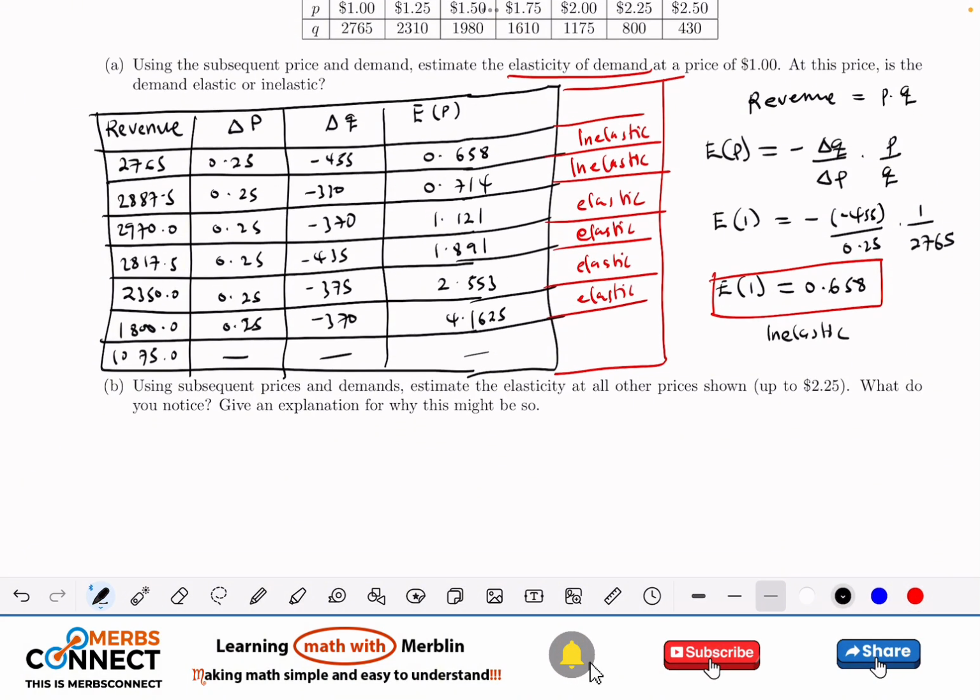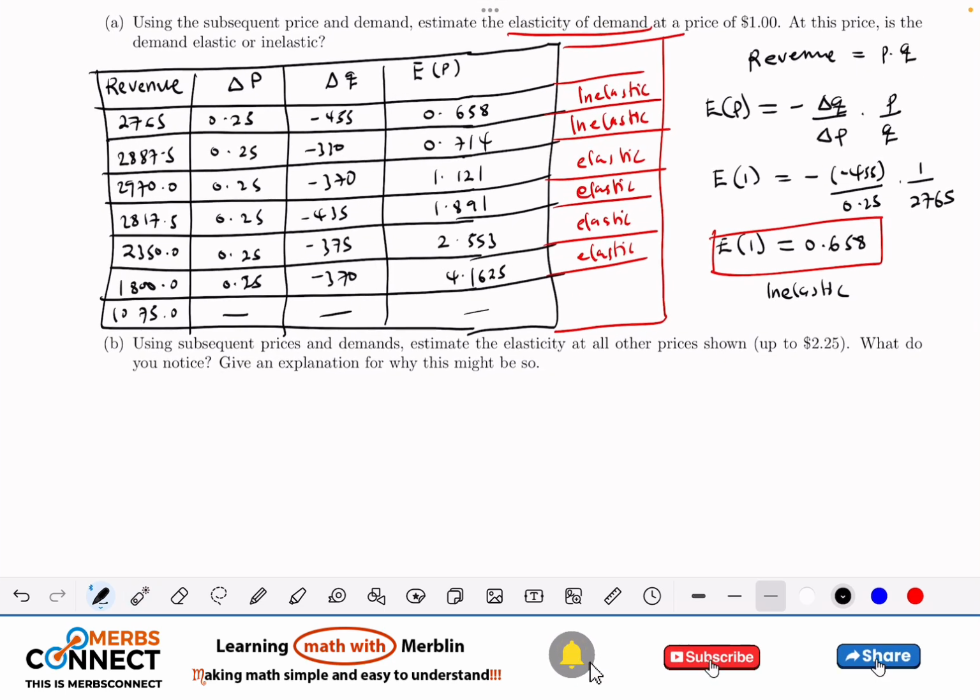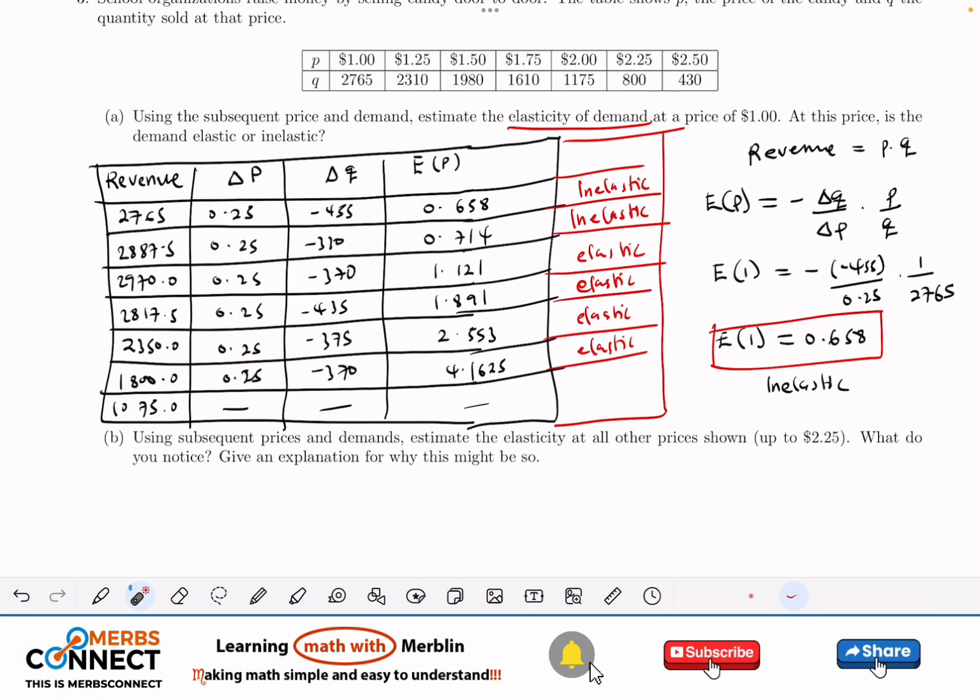Good. At B, we are looking at the price at 2.25. So what is 2.25? 2.25 is the last but one column here. So that is what is here, right? Because 1, 2, 3, 4, 5, 6.